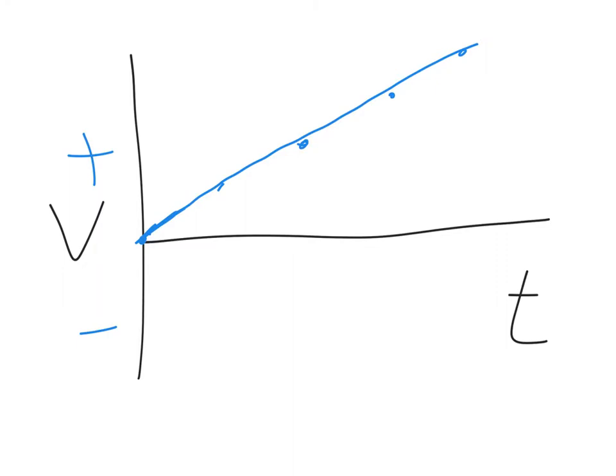Because the slope of the velocity time graph is no longer 0, I'm going to introduce now a third type of graph, which is the acceleration time graph.